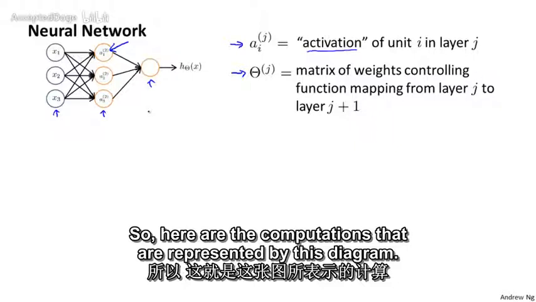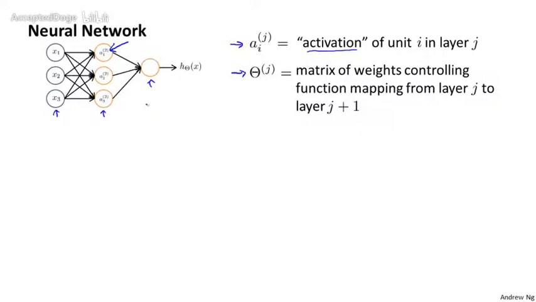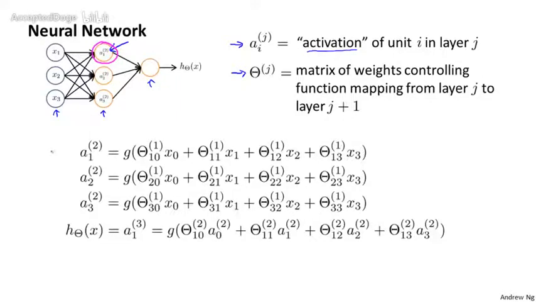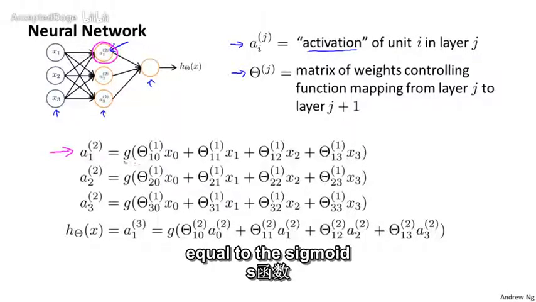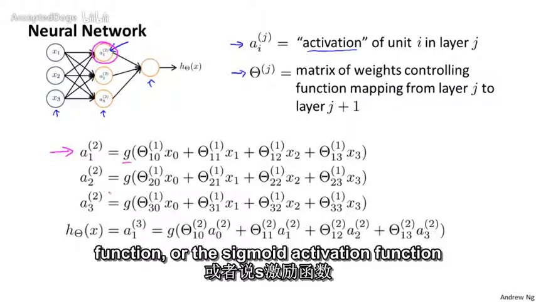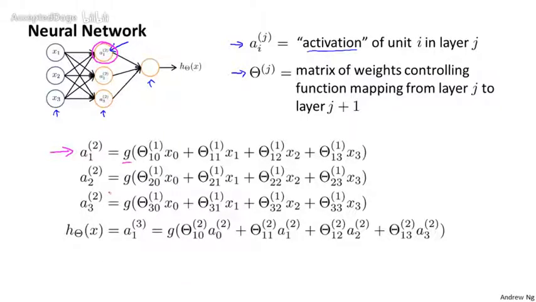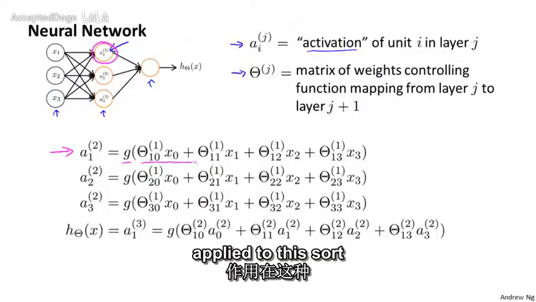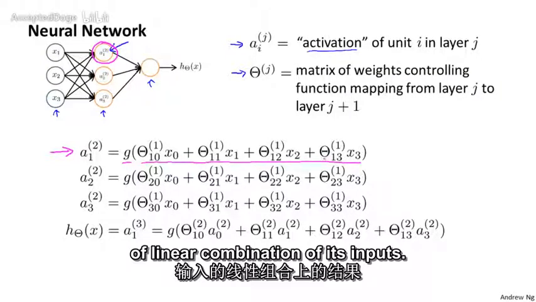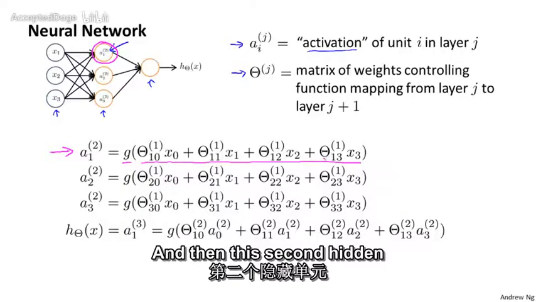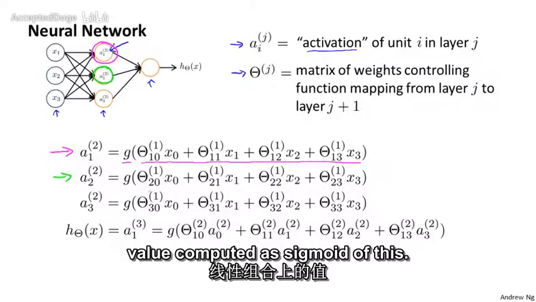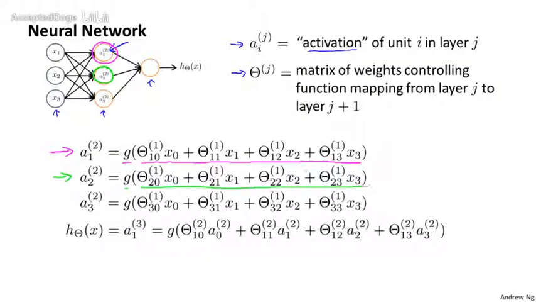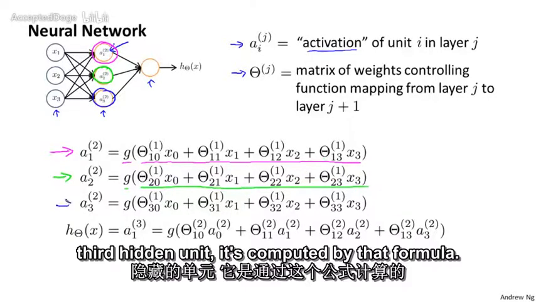So here are the computations that are represented by this diagram. This first hidden unit has its value computed as follows: A21 is equal to the sigmoid function, also called the logistic activation function, applied to this linear combination of its inputs. And then this second hidden unit has its activation value computed as sigmoid of this, and similarly the third hidden unit is computed by that formula.